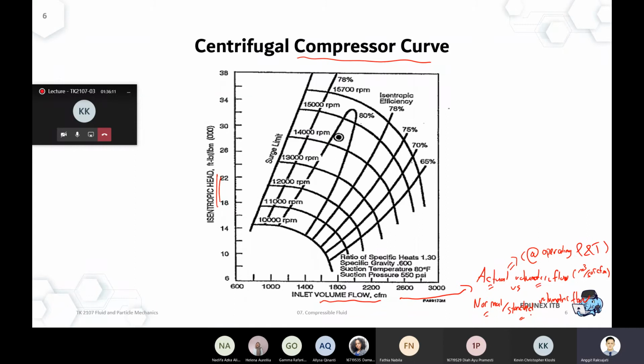But if it's normal or standard volumetric flow, it is stated at reference PNT. Okay, so it is stated at different PNT. For a normal, you can Google it if you don't believe me. For a normal PNT, it is stated at 20 degrees C and 1 ATM.